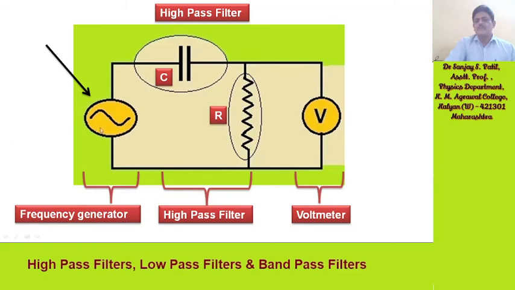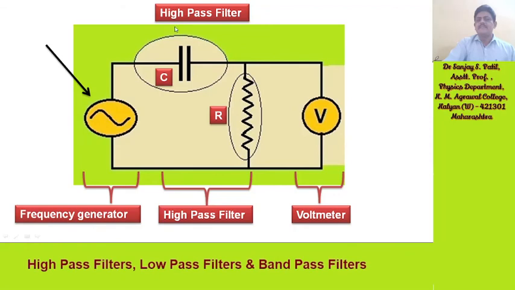Then what amount of voltage is coming at the output is to be measured with the help of the voltmeter. Initially set the voltage here, which may be 5 volt minimum and 12 volt maximum, but keep it 5 volt. Then change the frequency from 100 Hz, 200 Hz, 300 Hz, like this, from lower frequency to higher frequency.